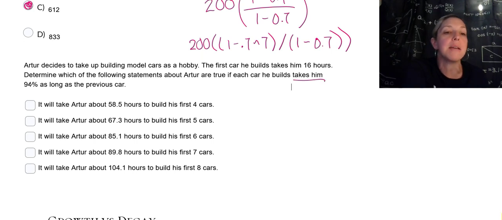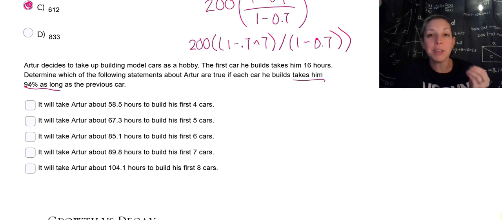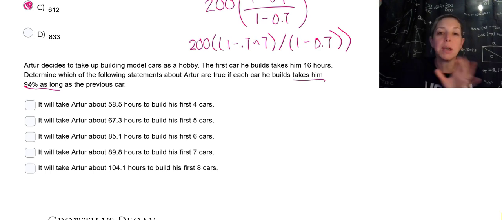It takes him 94% as long. That means you're going to be using 0.94. It's not 1 minus 0.94 because of the way that it's worded. It's 94% as long. If it was worded as it's taking him 94% less, then you would be doing that subtraction.